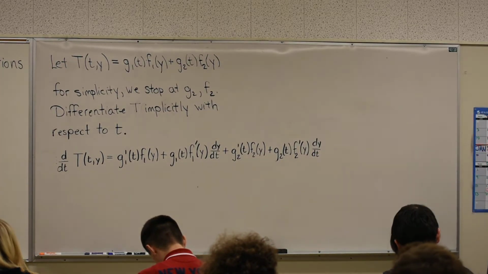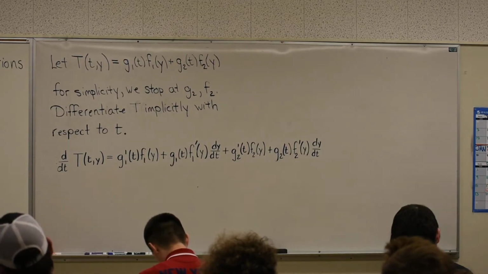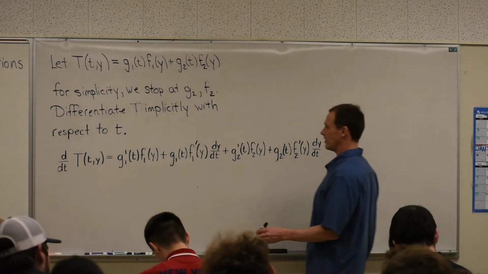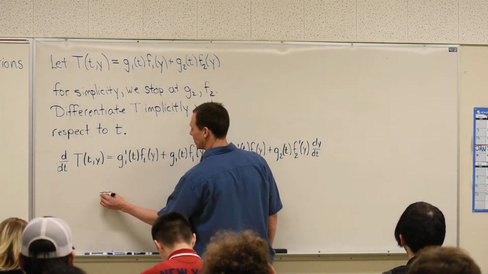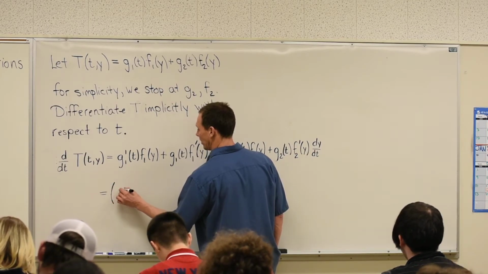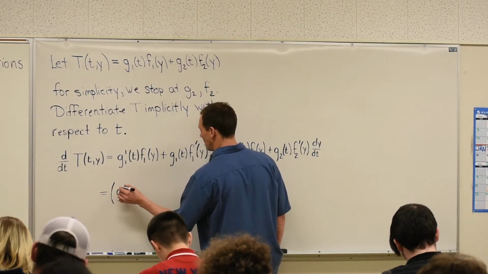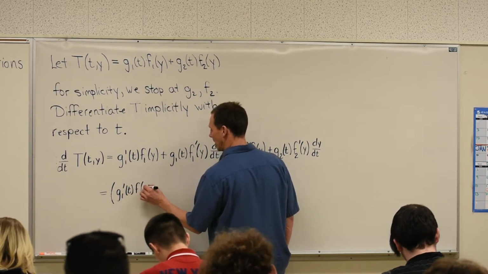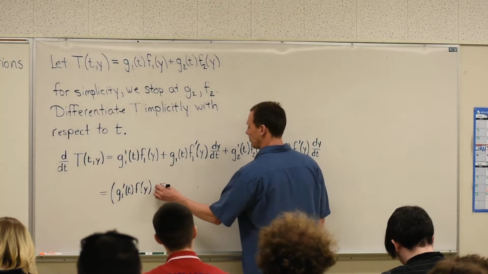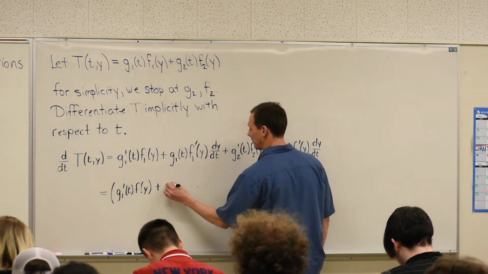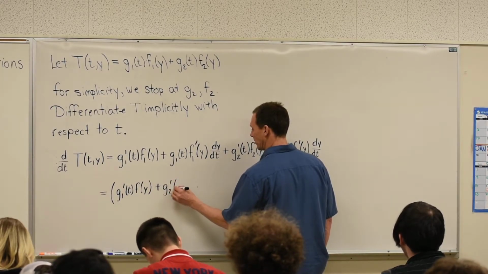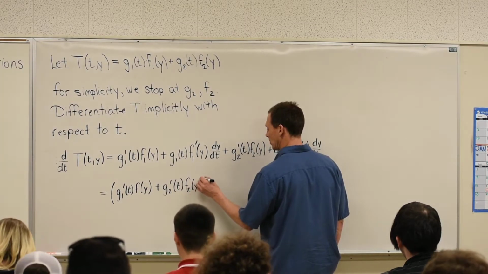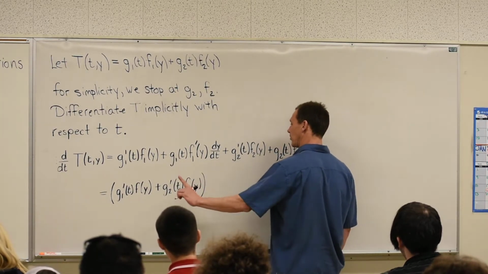Now, we're going to regroup these based on our G primes and our dy/dt. So I'm going to write this as equal to a big parenthesis: G1 prime of t F1 of y plus G2 prime of t F2 of y. That's my first group.